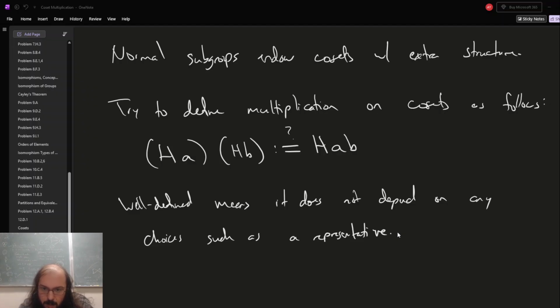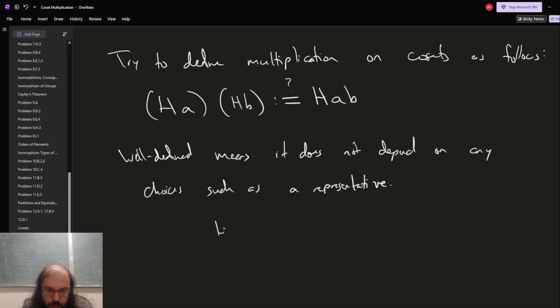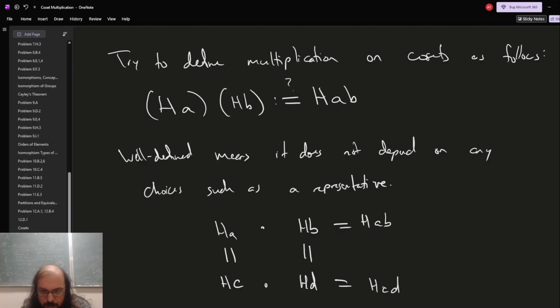So what I mean by that is Ha, being a set, will be equal, for example, to lots of Hc's, and we can also have Hb being equal to lots of Hd's. And according to these multiplications, if I try to multiply these, the formula that I have is that this should be equal to Hab. These should be equal to Hcd. But it could happen that these are different.